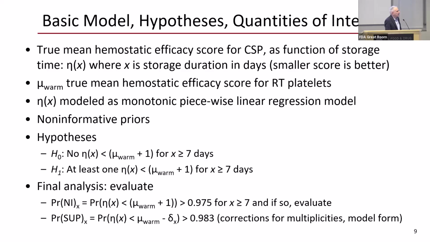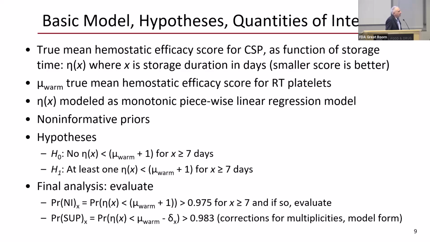It's not dependent on the age of the warm stored platelets. The efficacy of the cold stored platelets is modeled as a monotonic piecewise linear regression model. The monotonic there I call the "this is not wine" assumption. We assume that platelets do not get better with age. So it assumes that as the platelets are stored longer, their hemostatic efficacy will remain the same or it will decrease.